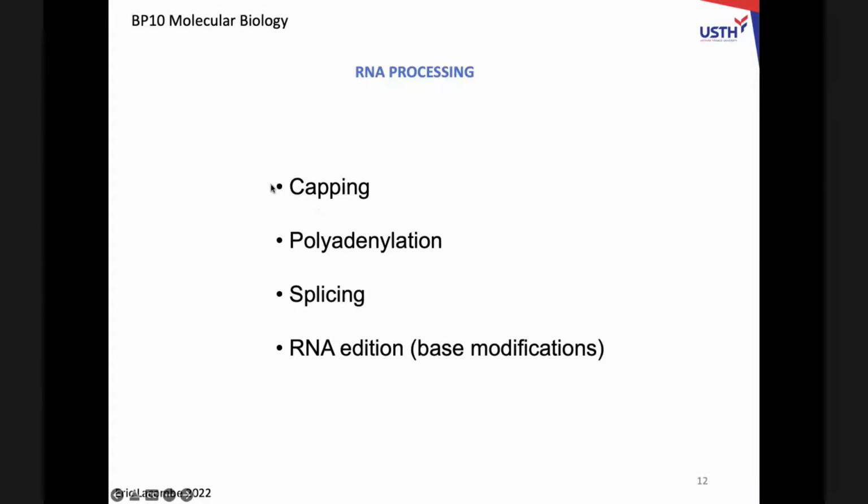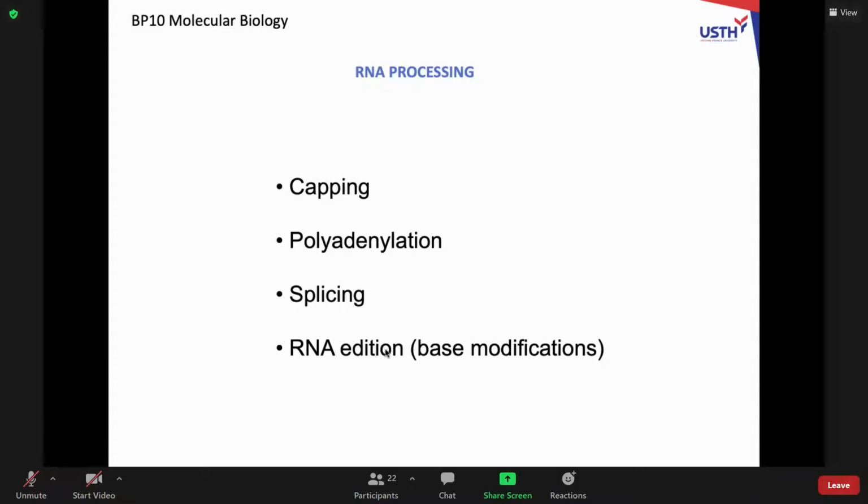So it's just to remind you what you already had in your lecture. We're going to go very quickly on the cap, very quickly on polyadenylation, just a quick update on splicing, and I will explain just 2 or 3 things in terms of RNA editing.